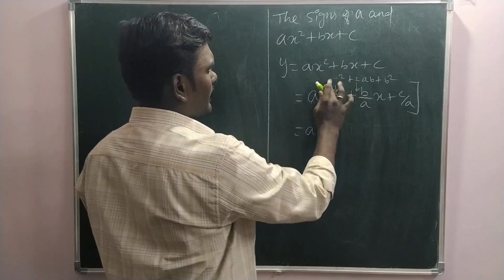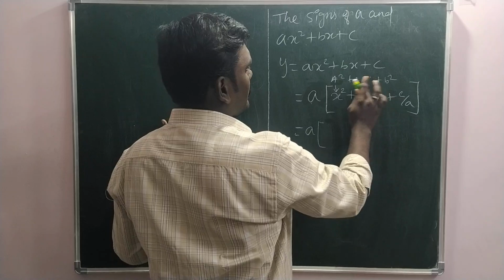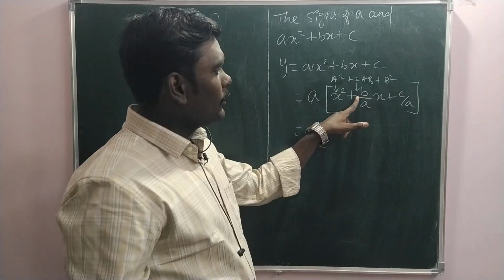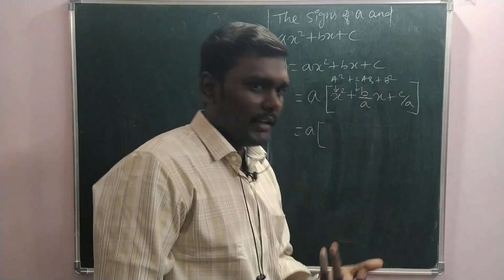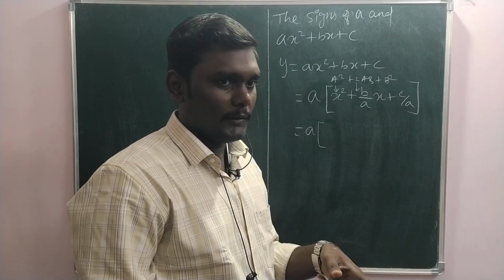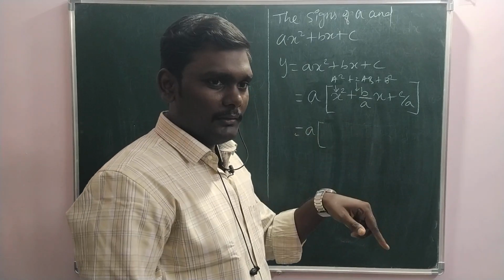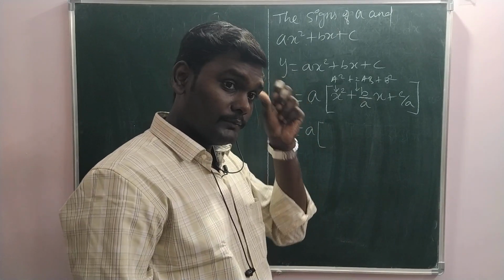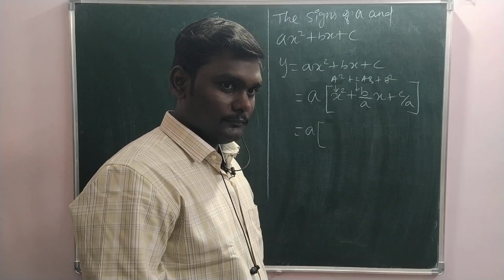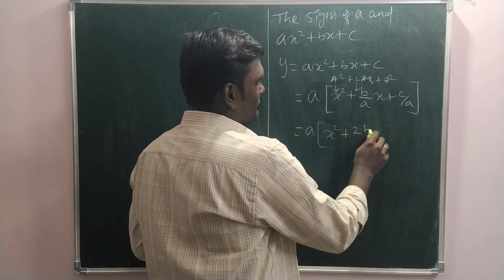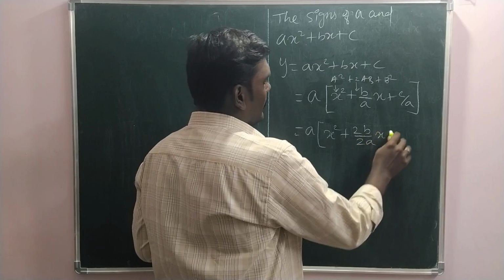So let me use capital letters, otherwise you get confused. A square plus 2AB plus B square, alright. So here 2 we need, but we don't have it to make it possible. What we want is not there, then what will we do? Yes, multiply and divide by 2: 2b by 2a into x.